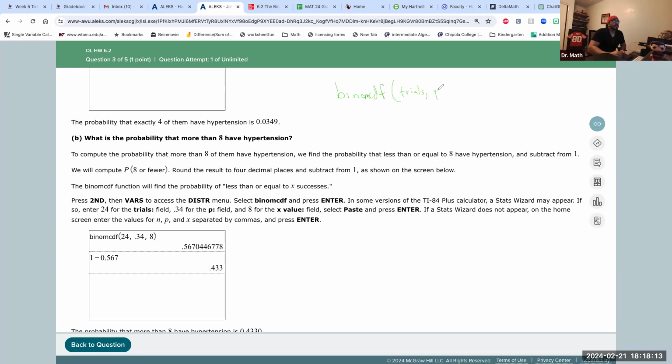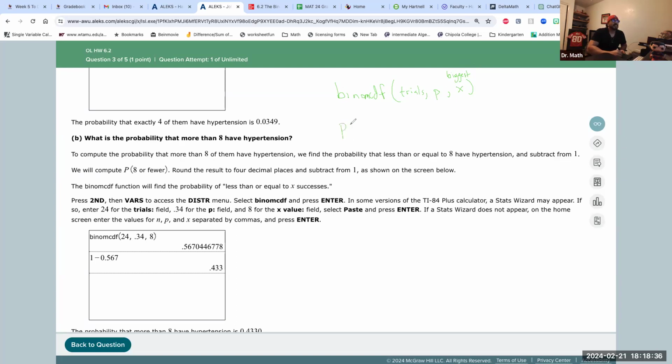Then it's going to want the probability again. And then it's still going to want this x value. What this x value is going to represent is the biggest x value. Your largest x value. Because what this program is going to do, and so don't just use these programs, make sure you understand what the heck these programs are doing.